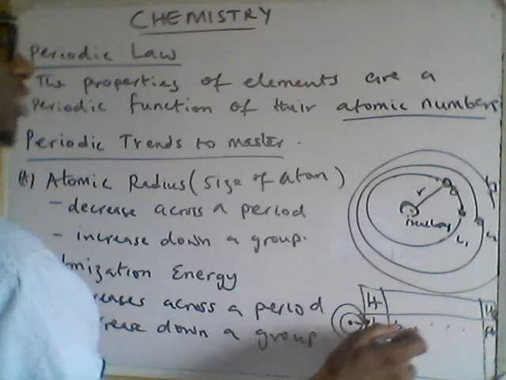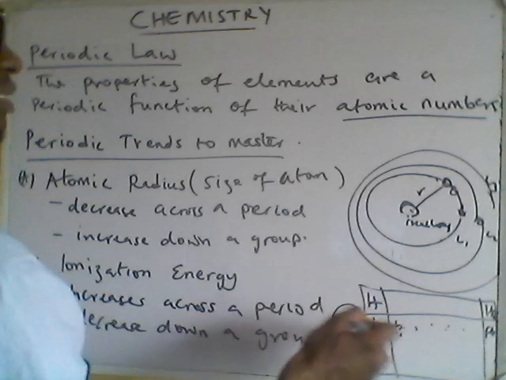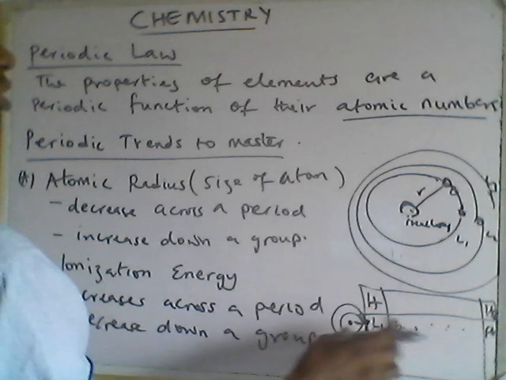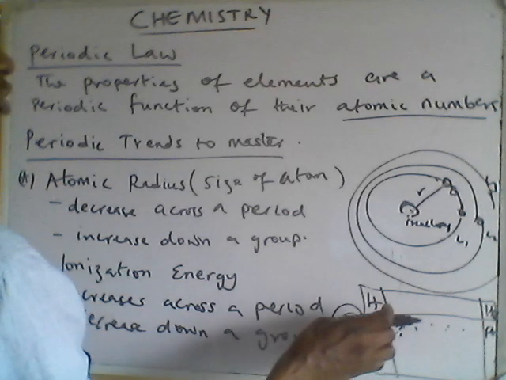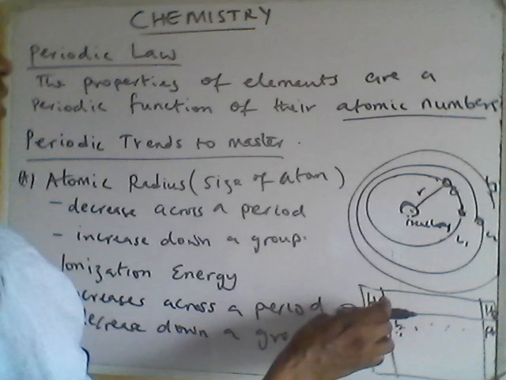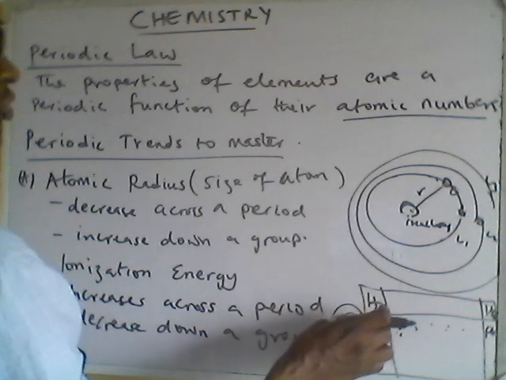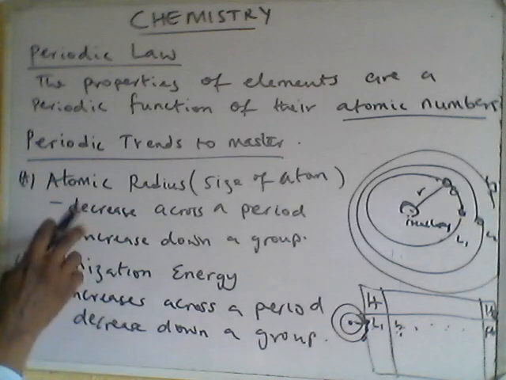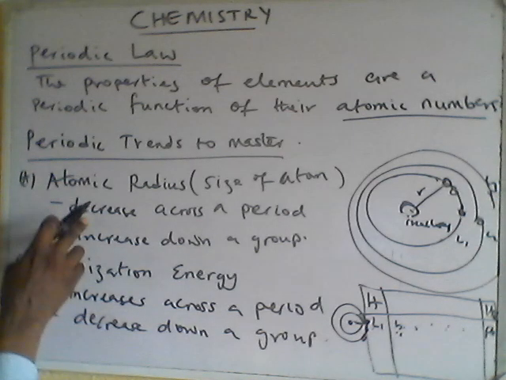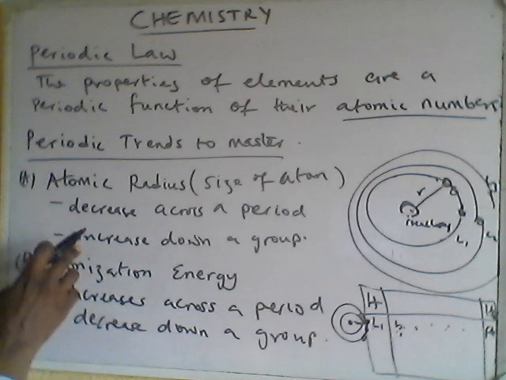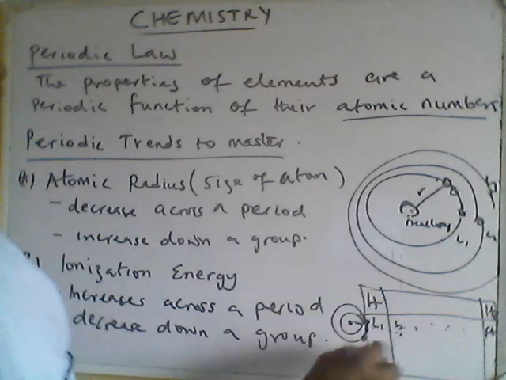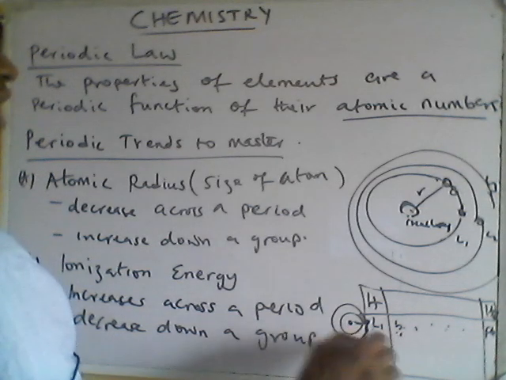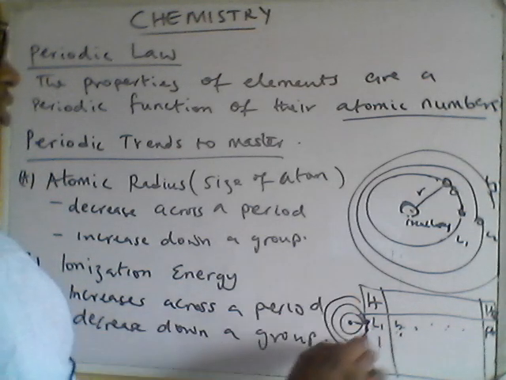So the more electrons that are added on a constant orbital, the lesser the radius. So as you go from left to right, atomic radius reduces, but it increases down the group. Why is it increasing down the group? Because down the group, you will have an additional shell.